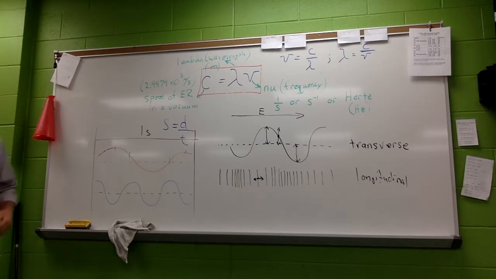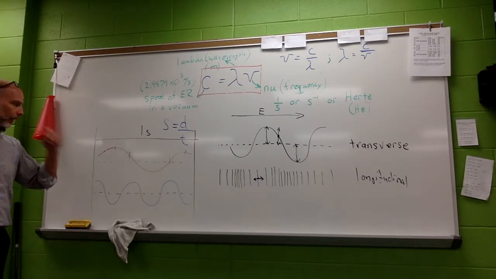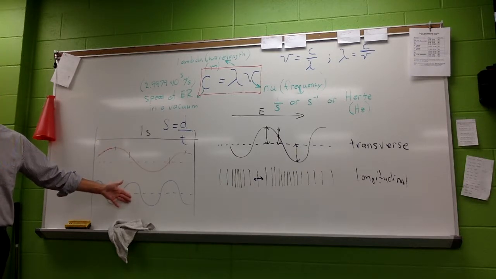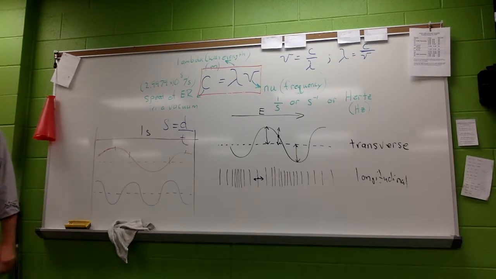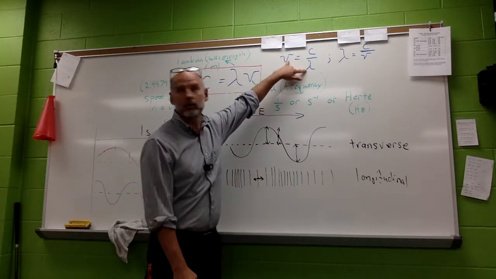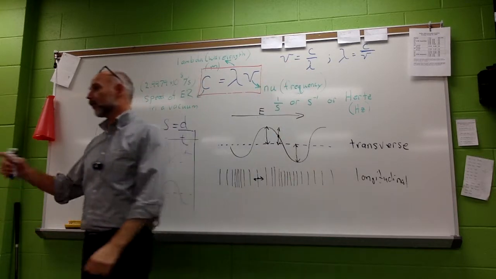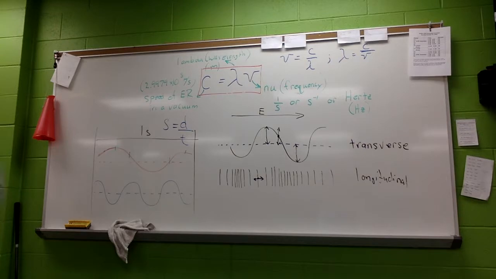We said this has a smaller wavelength. Do you guys agree? What happens to its frequency? It's greater, which would mean that frequency and wavelength are related how? Indirectly or inversely related, which is clearly seen in the equation, right? So there's an inverse relationship between frequency and wavelength.